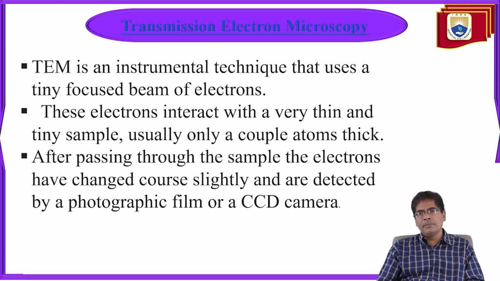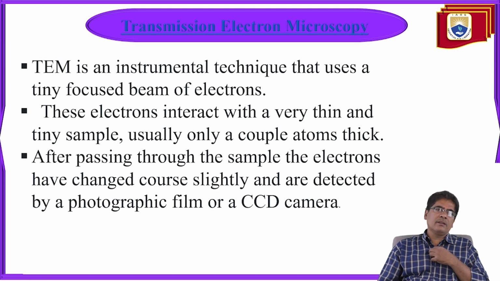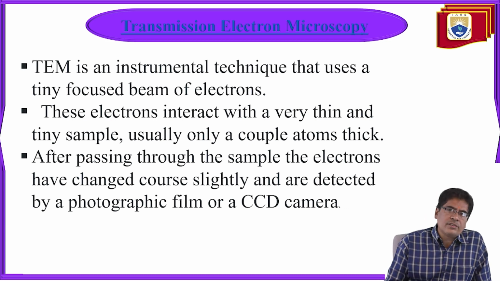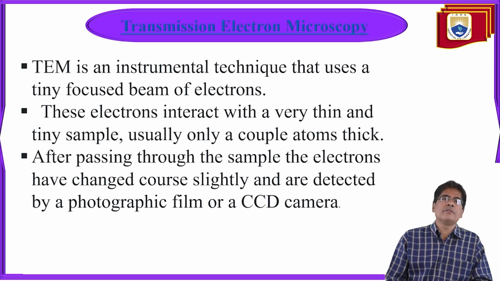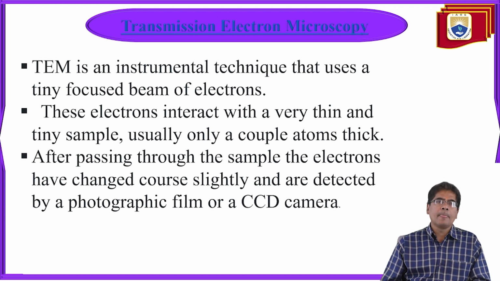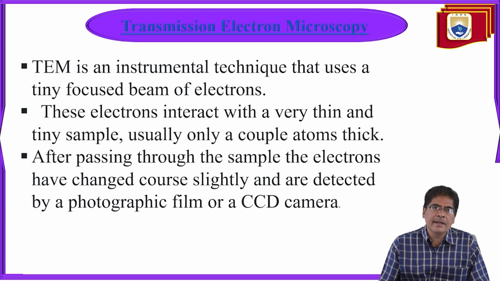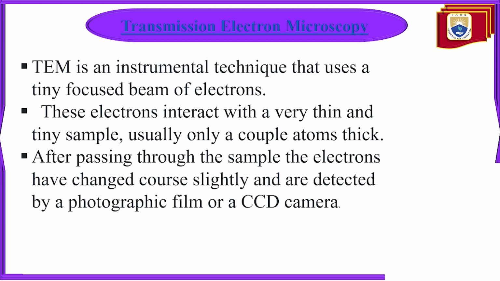After passing through the sample, the electrons have changed course slightly and are detected by a photographic film or CCD camera.